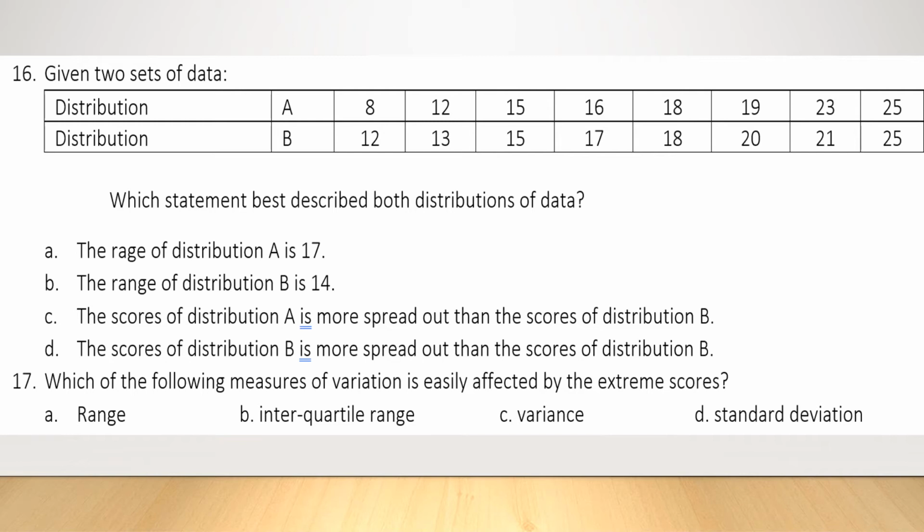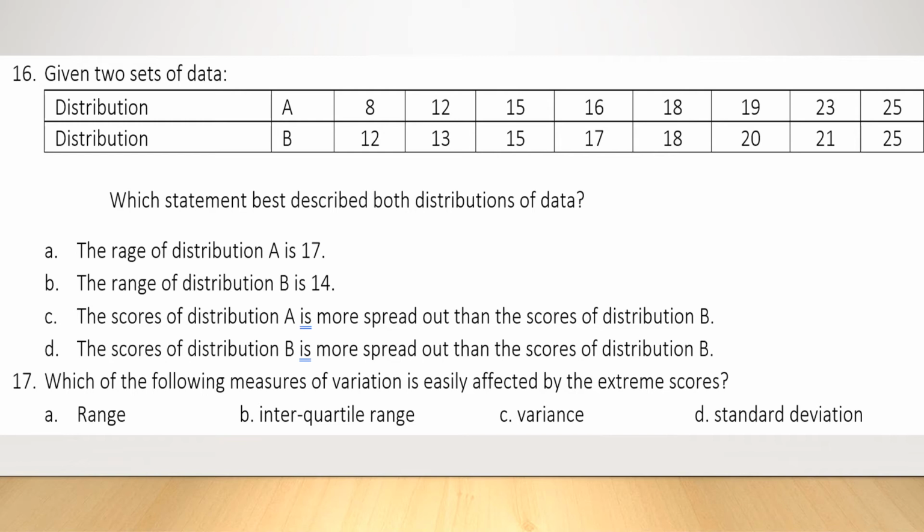Correct ni siya. Unya, correct po ni letter C. Diba? Ang range sa distribution sa letter B is, 25 minus 12. Pila? 25 minus 12, 13.